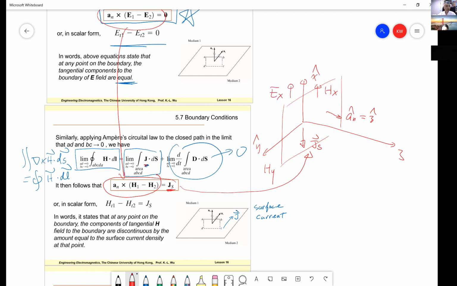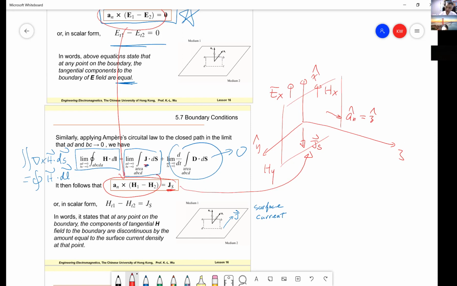Then you may ask, why must the electrical field be polarized in the X direction? That is because of the Poynting vector. What the Poynting vector says is that the electrical field cross the magnetic field is in the direction of wave propagation. So we reveal the mysteries of the relation between E, H, and the surface current.